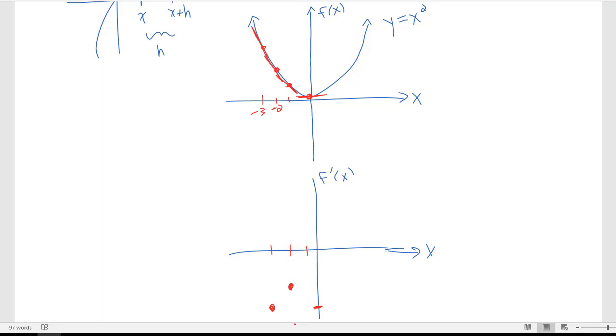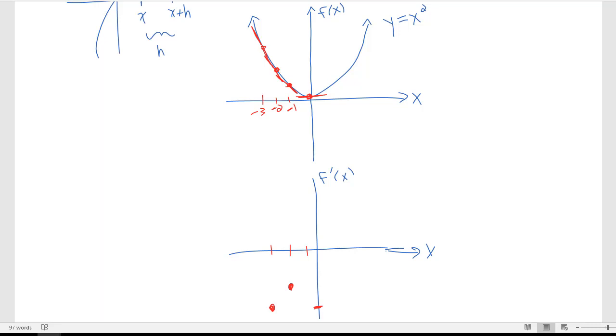And then I would continue that process. I'm plotting the value of every slope. So when I'm at x equals -1, I come up to my original function and draw a tangent line. Again, this is obviously a negative slope. But in relation to the prior slope, this is a little more flat, so it's not as large an absolute value. It is negative, but it's a slightly flatter line, a slightly smaller slope.